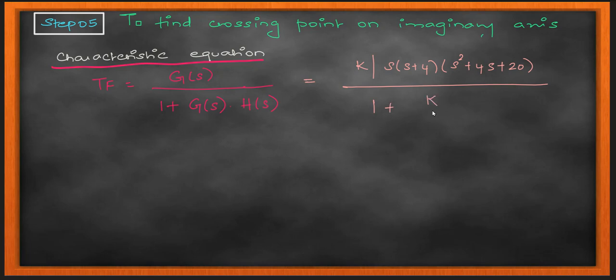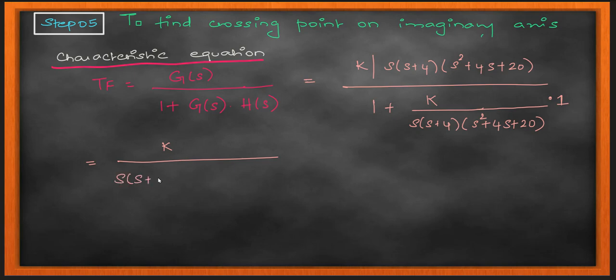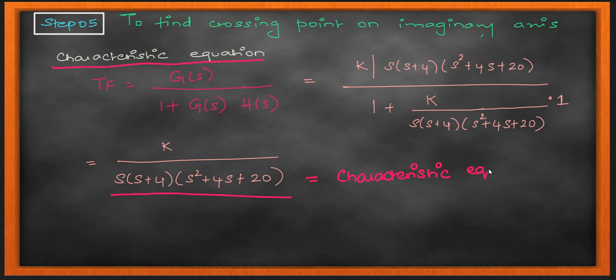I'll plug in these values, and after simplifying, I'll get my characteristic equation. It is equal to k into s plus 4 into s square plus 4s plus 20, plus k. Okay, I forgot to write that plus k, so that plus k is there.